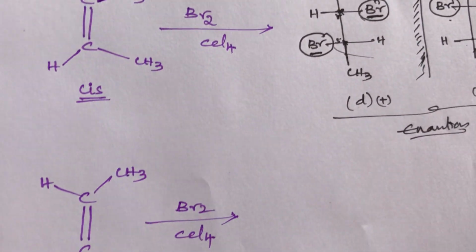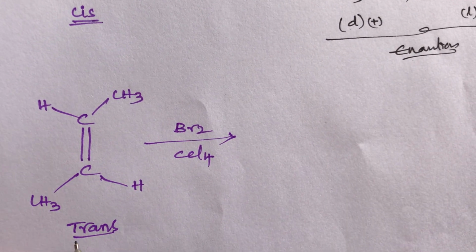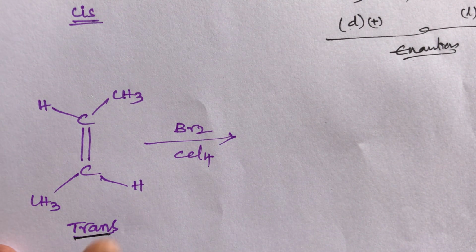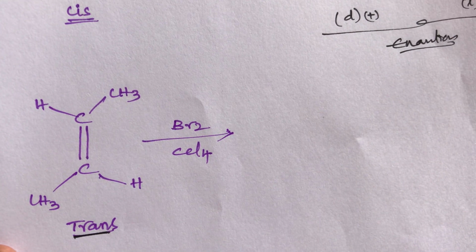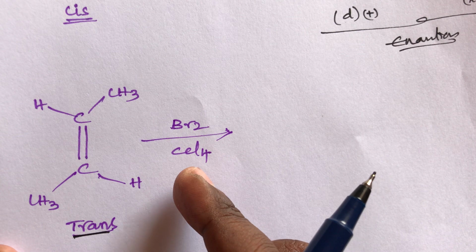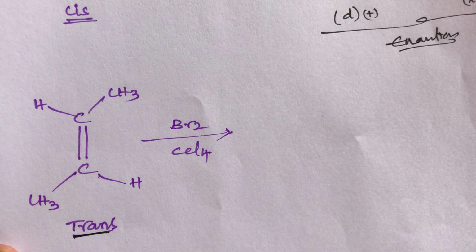Cis-2-butene. Now take trans-2-butene. It is a trans compound. Trans-2-butene reacts with bromine in the presence of CCl4. In trans-2-butene, two bromines will attack the same side. Very important, students: if you take the trans compound, bromination in the presence of CCl4, these two bromines will attack on the same side.